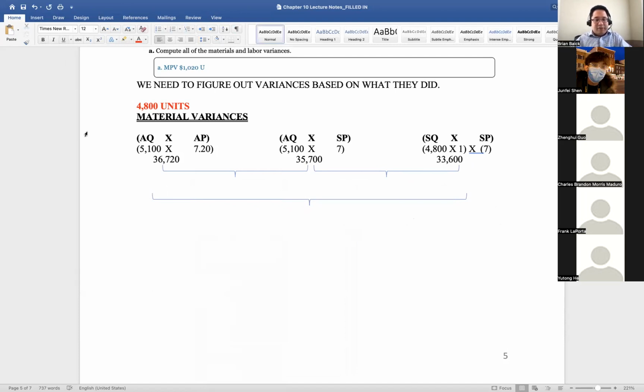So to figure out the variance here, this is called the price variance, right? We're going to go from left to right. What does that mean, left to right? 36,720, it's on the left, minus 35,700 is 1,020. It's a positive number. Positive means more cost, right?